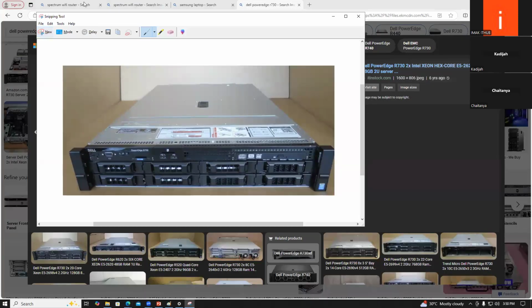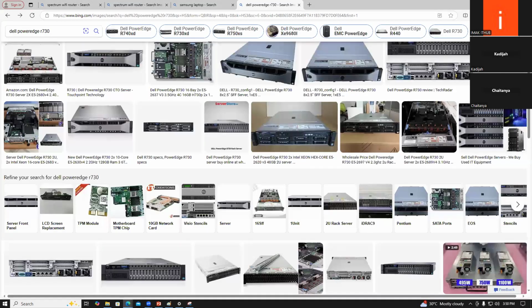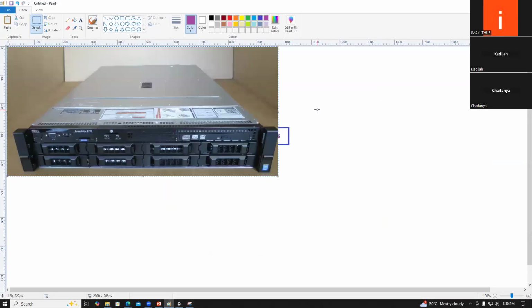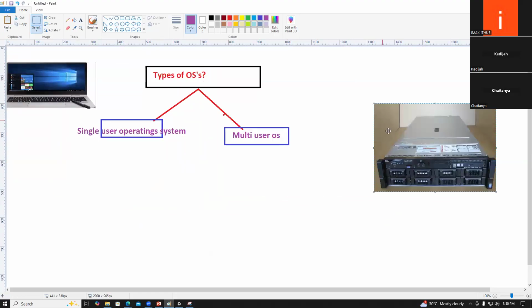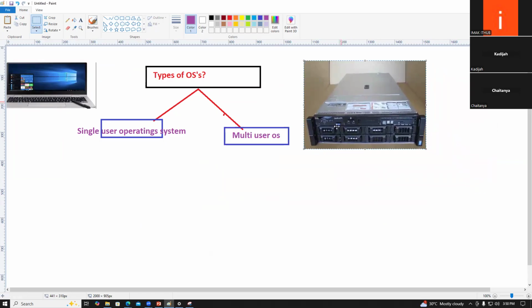How many people are using WhatsApp at a time? A lot of people. Yes, very good. A lot of people are using it. So this is multi-user operating system hardware and single user operating system hardware.